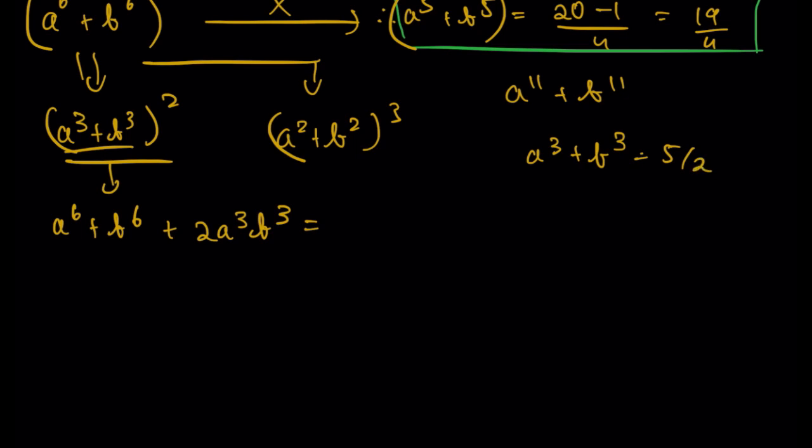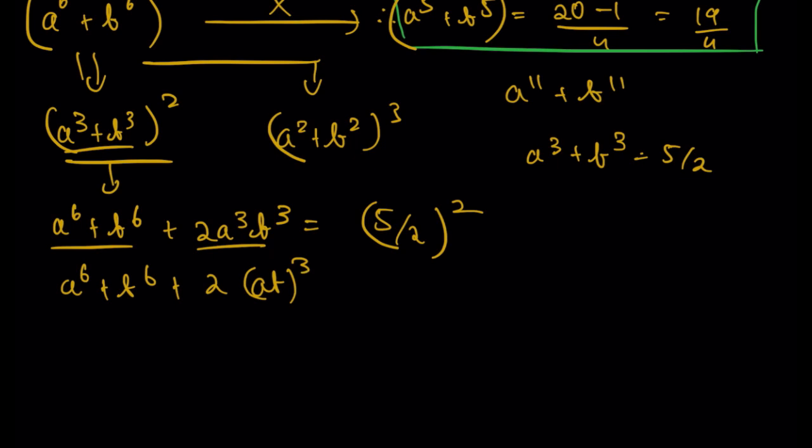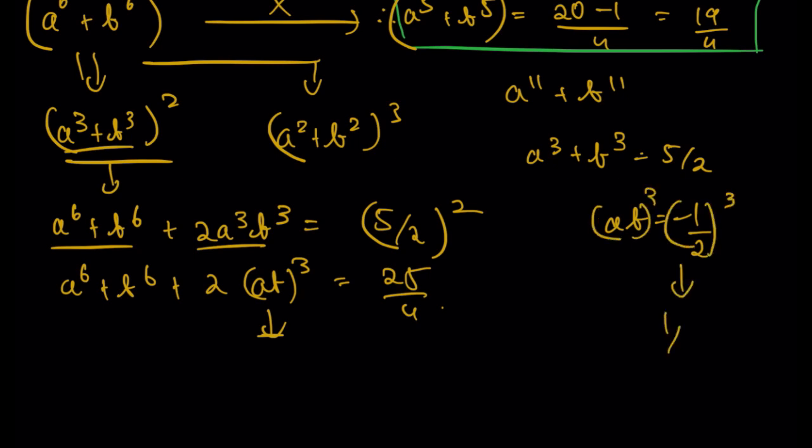So this term would be a power 6 plus b power 6 plus 2a cube b cube equals, we already know that a cube plus b cube is 5/2. Am I right? So whole squaring here too, a power 6 plus b power 6 plus 2 into ab the whole cube is 25/4. What is it guys, this term ab, we know that it's -1/2. So if we cube both sides, this term becomes 1/8.